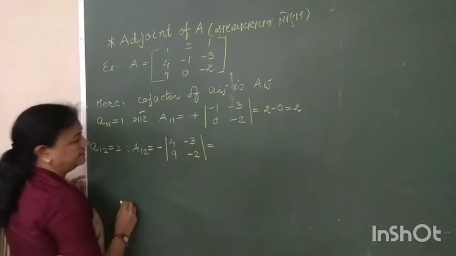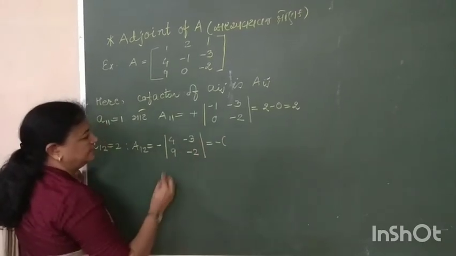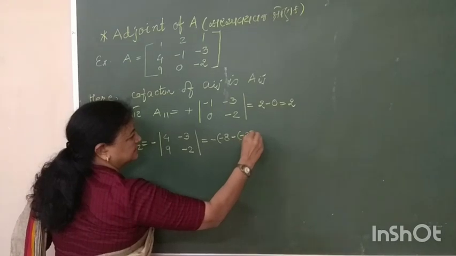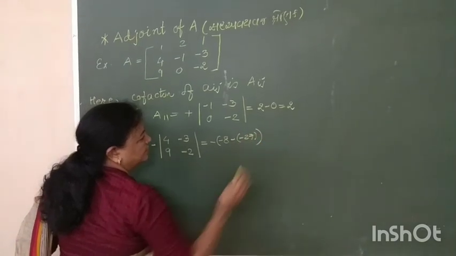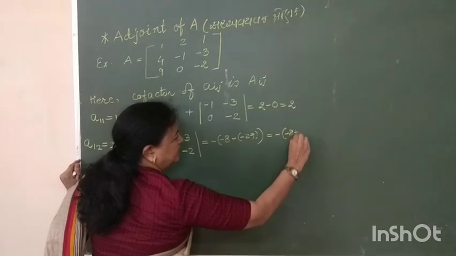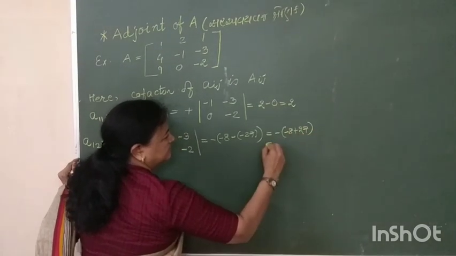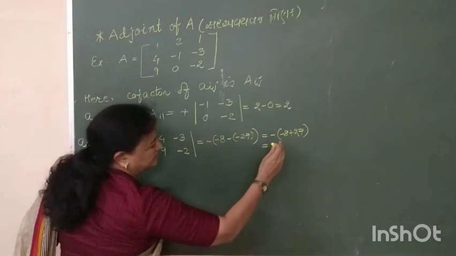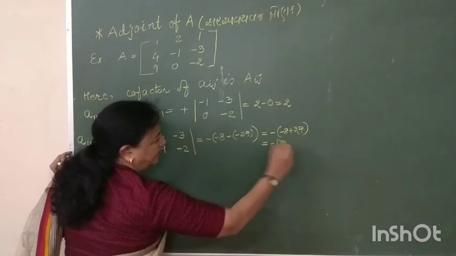That will give -8 minus 27, so it is -8 plus 27. The final answer will be -19.